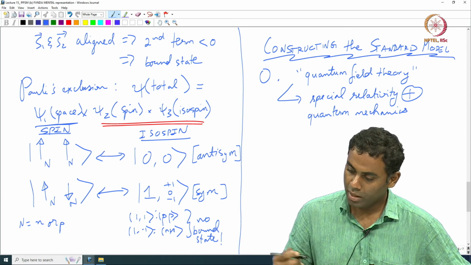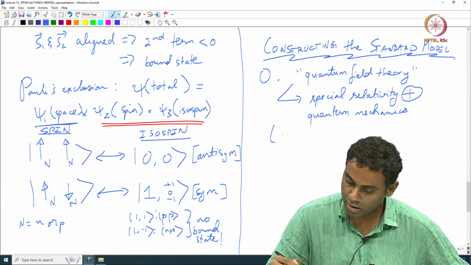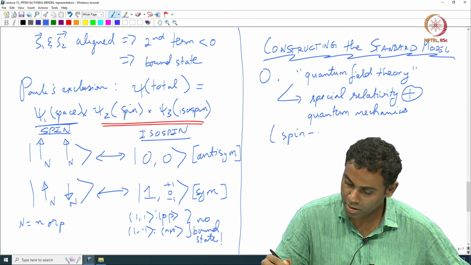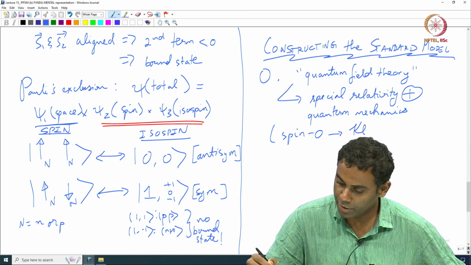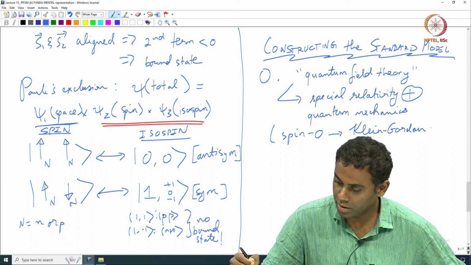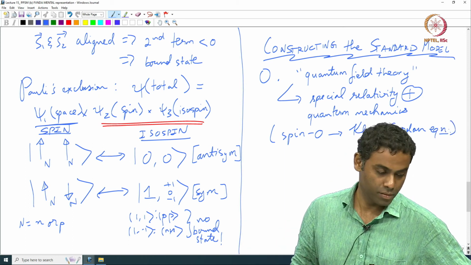Okay. And we will do this with a few examples. In particular, we will do this with a spin 0 field which will involve an equation that I am sure you already have heard of or used, the Klein-Gordon equation.